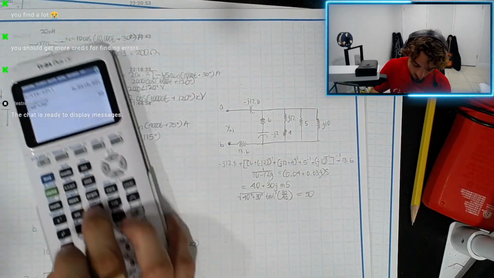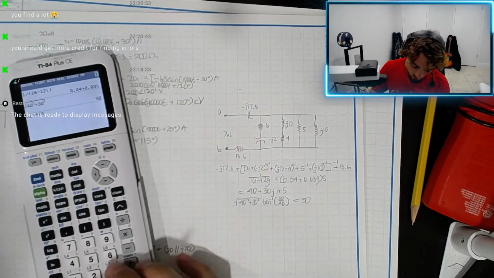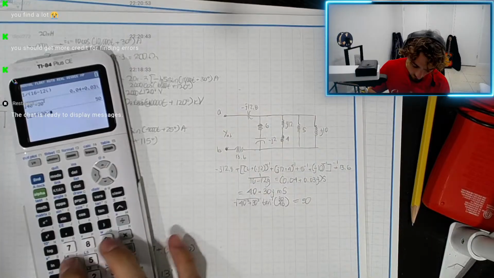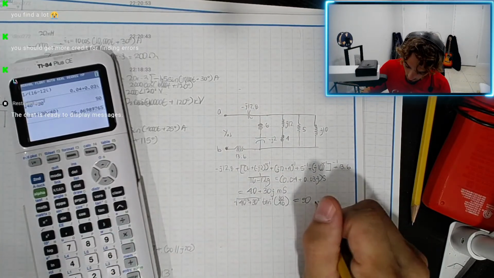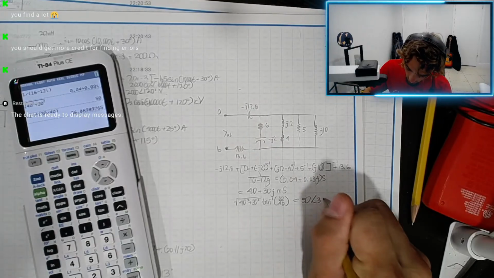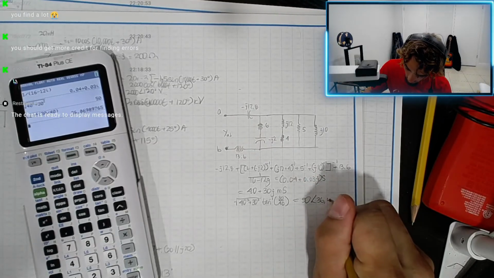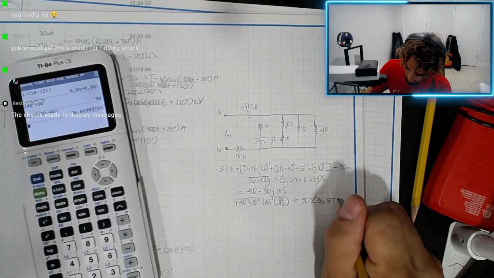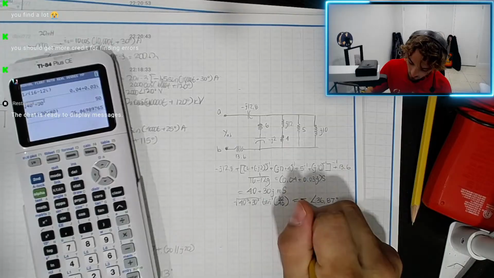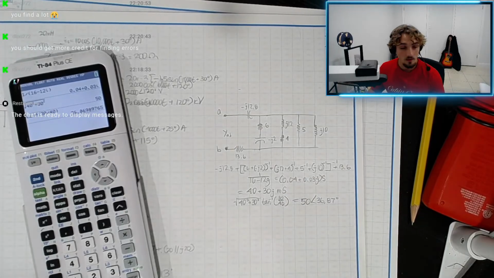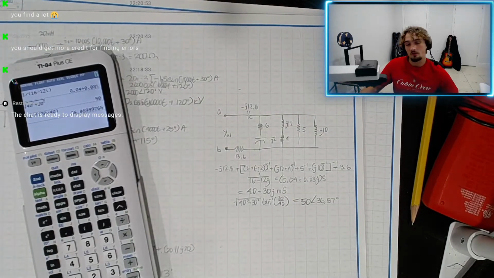And then inverse tangent of 30 divided by 40. Degrees. There we go. Beautiful. Okay, moving on to the next.